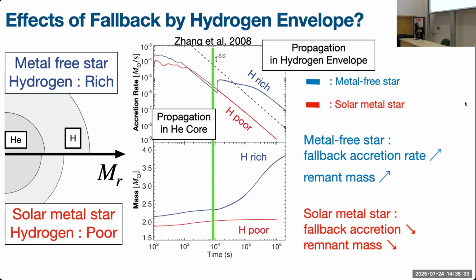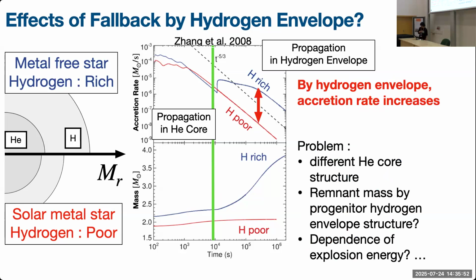To summarize, the metal-free star has a high fallback accretion rate and higher remnant masses, but the solar-metallicity star has a lower fallback accretion rate and lower remnant masses. So the hydrogen envelope may increase the accretion rate, but there are some unclear points.